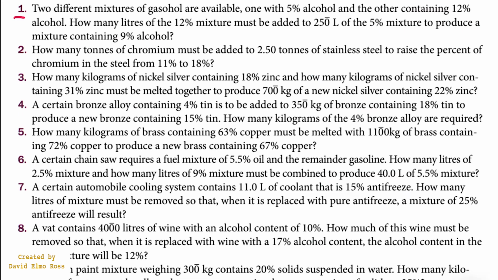Let's take a look at question 1 here. Two different mixtures of gasohol are available, one with 5% alcohol and the other containing 12% alcohol. How many liters of the 12% mixture must be added to the 250 liters of the 5% mixture to produce a mixture containing 9% alcohol?